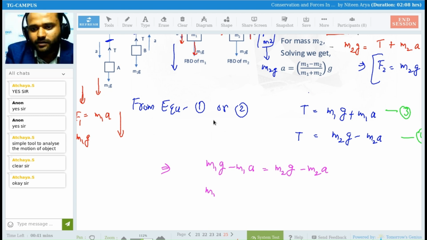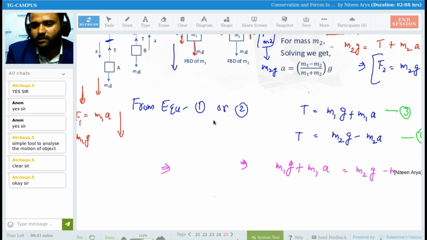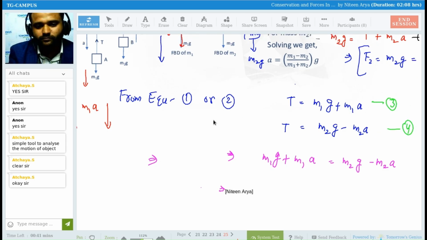If we equate both equations, what do you get? Equating these two equations, now m1g plus m1a equals m2g minus m2a. This is going to be on this side and this is going to be on that side. Clear?